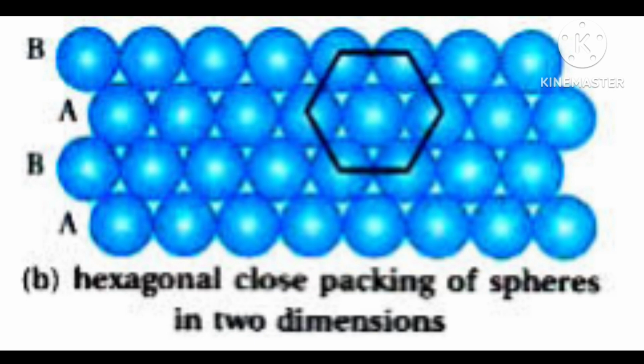Okay. Here I told you first hexagonal packing, HCP, hexagonal close packing, and second I told you cubic close packing, CCP. This is called CCP, cubic close packing.